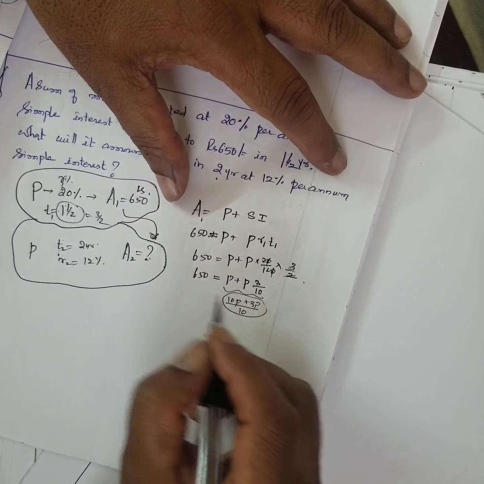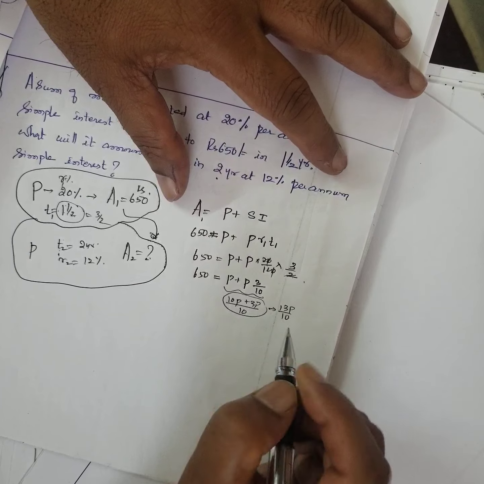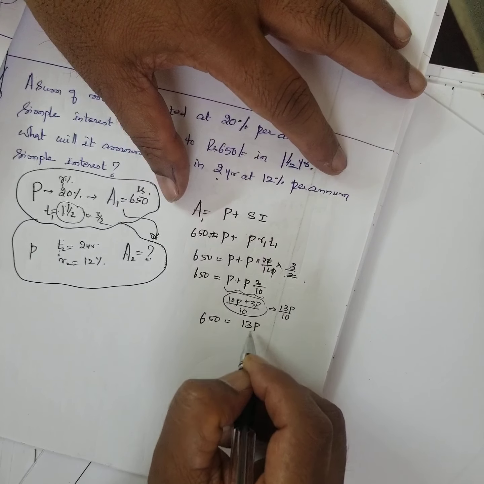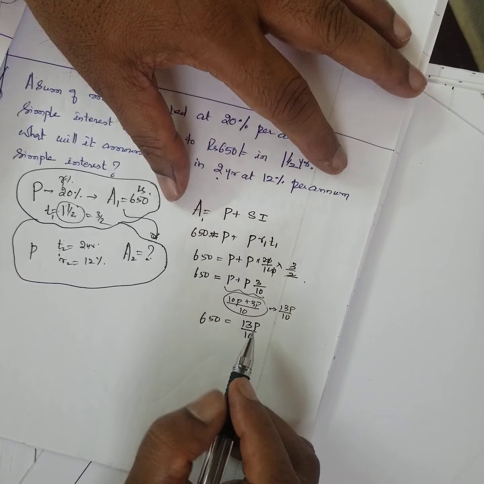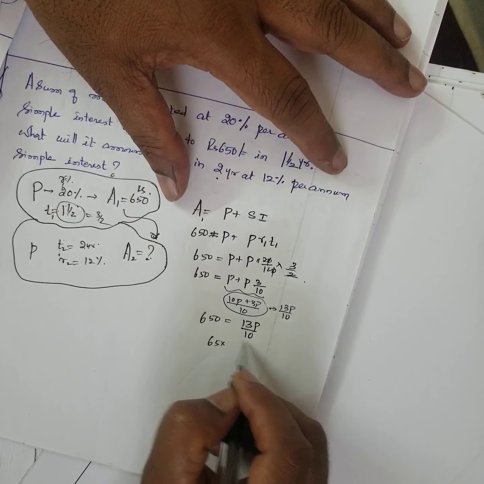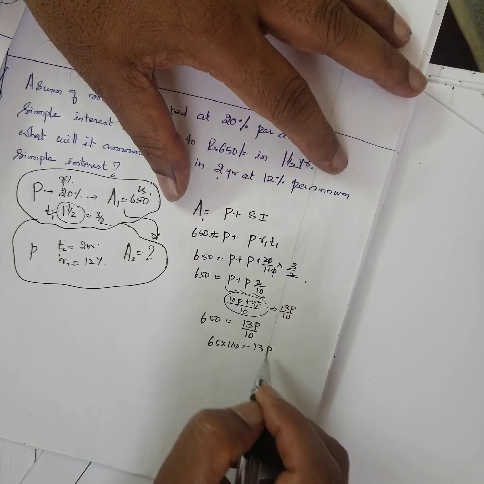Take the LCM and do it. Therefore what? 13P by 10. Therefore 650 equals 13P by 10. Okay. Therefore 65 into 100 into 13P.